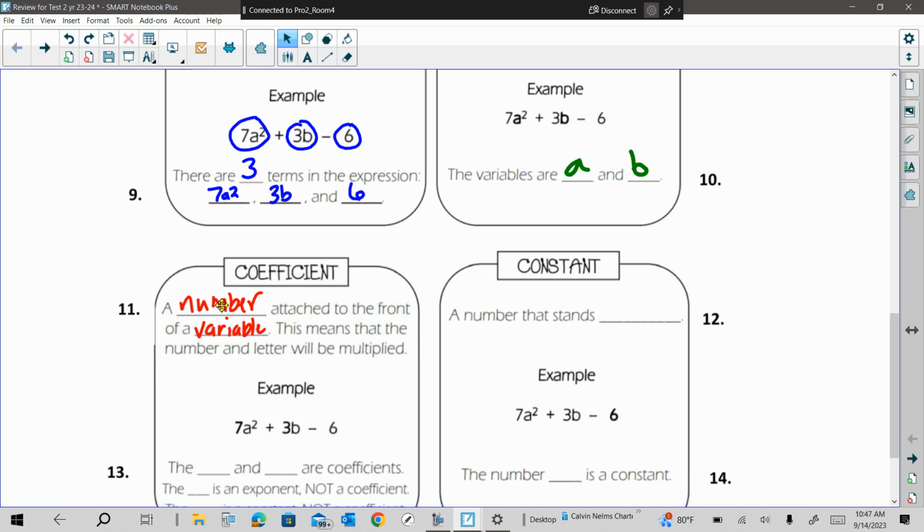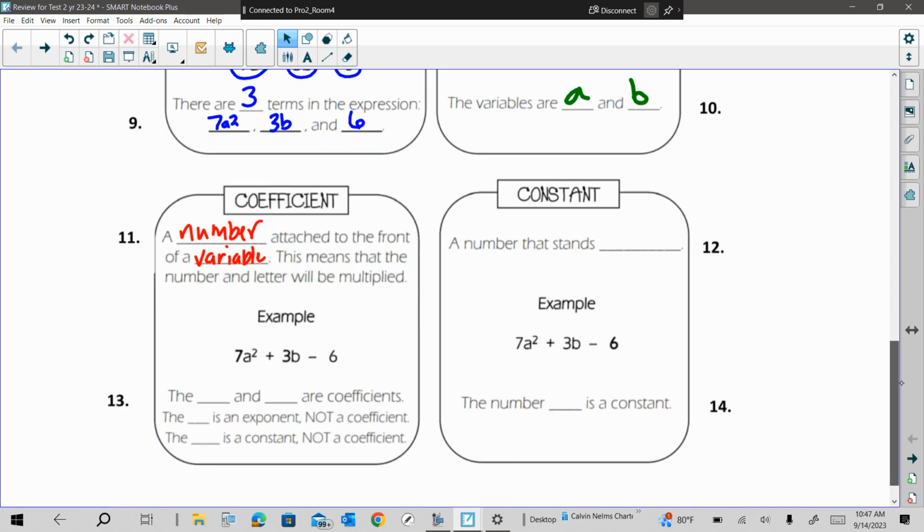Anytime we have a coefficient, the number is getting multiplied to the variable. So look at this example: 7a squared plus 3b minus 6. Which numbers are the coefficients? We have to look for the number in front. So it's just 7 and 3 that are the coefficients. Just the number in front.